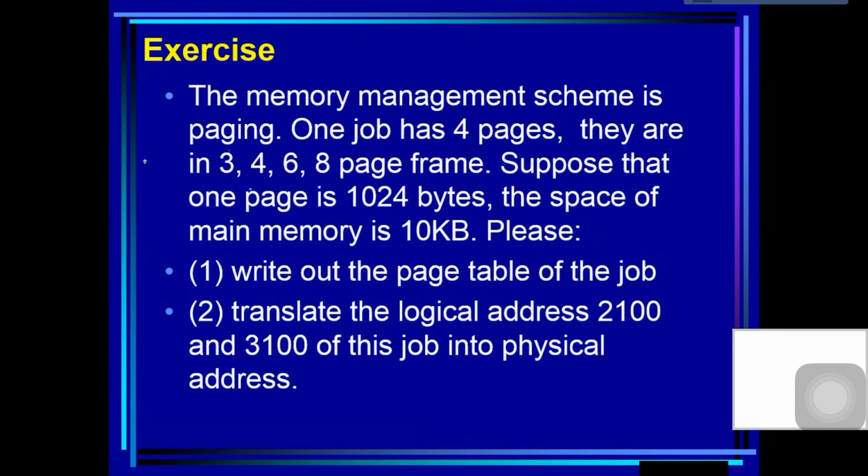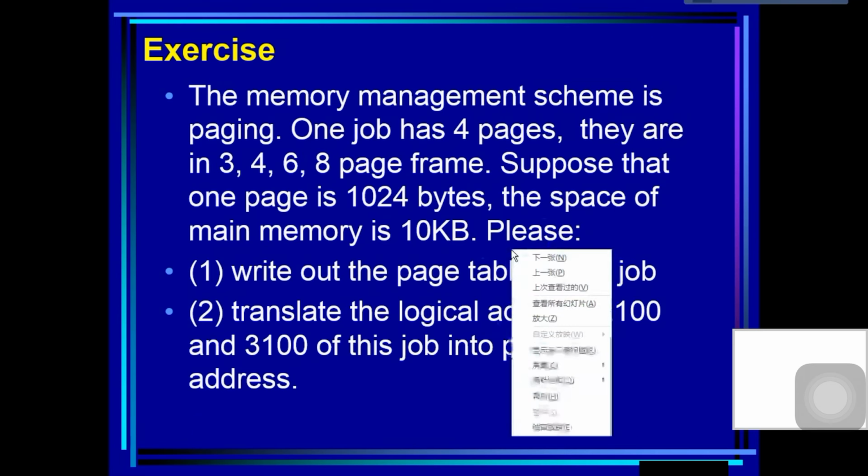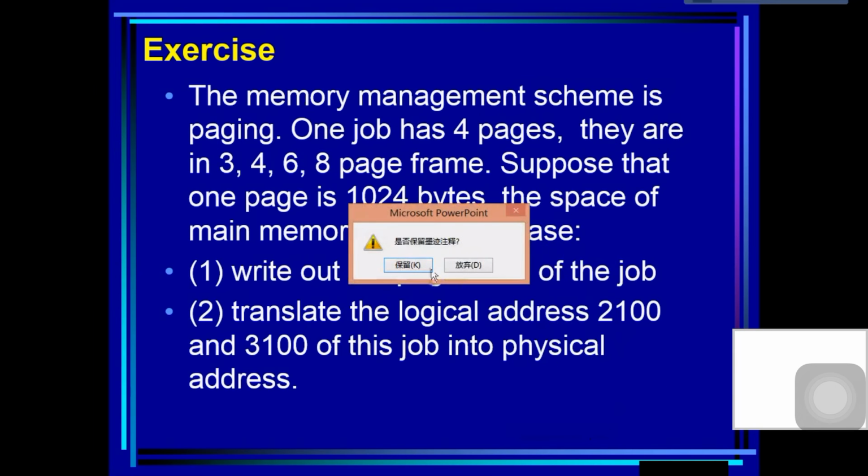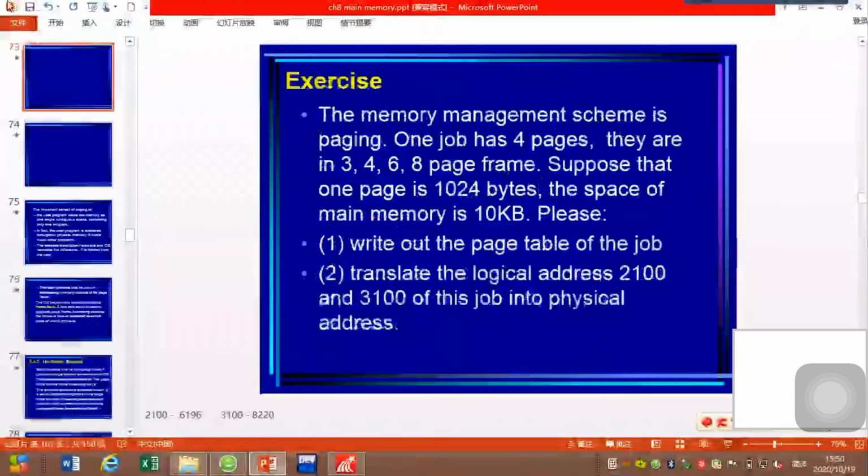They are in these page frames. Suppose that one page is 1024 bytes. The space of main memory is 10 kilobytes. Please write out the page table of the job. So you can see the page table for the job.